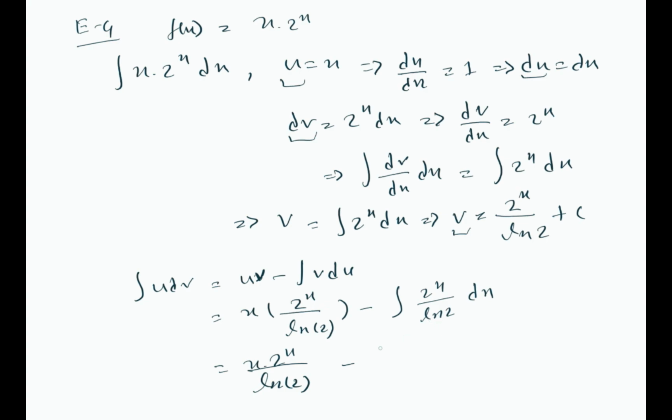Okay, so I can write x times 2 to the power x over ln of 2 minus, see, ln of 2 is a number, so we can factor it out. So 1 over ln of 2 times the integral of 2 to the power x dx, and finally we can write our final answer.